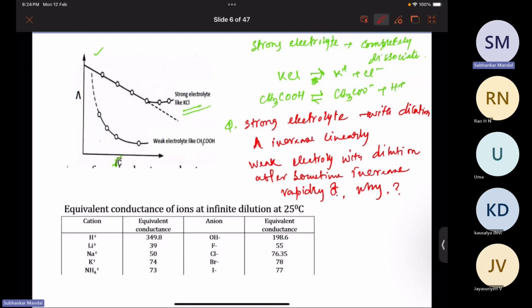I think some issue was there. Yeah, now you can tell.